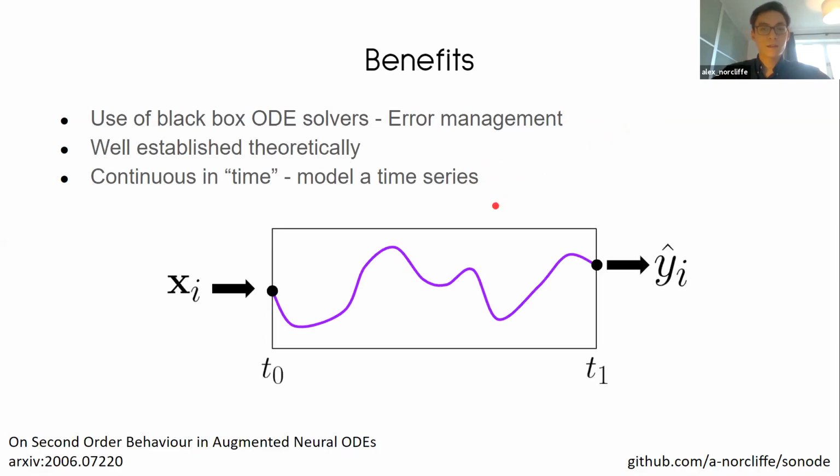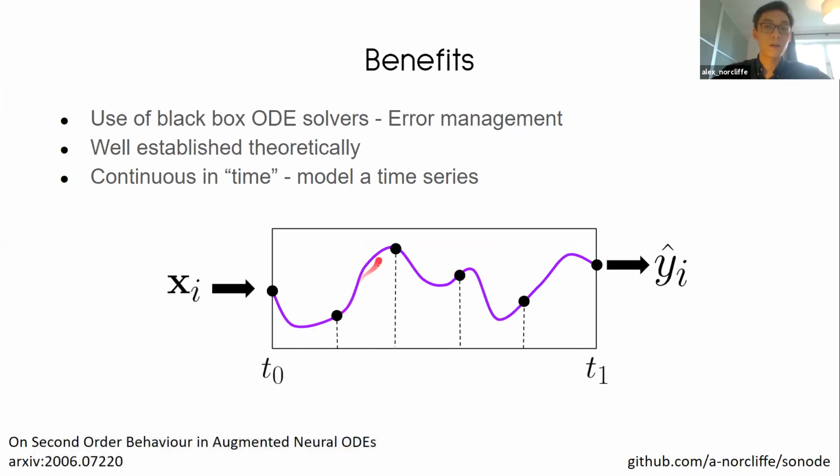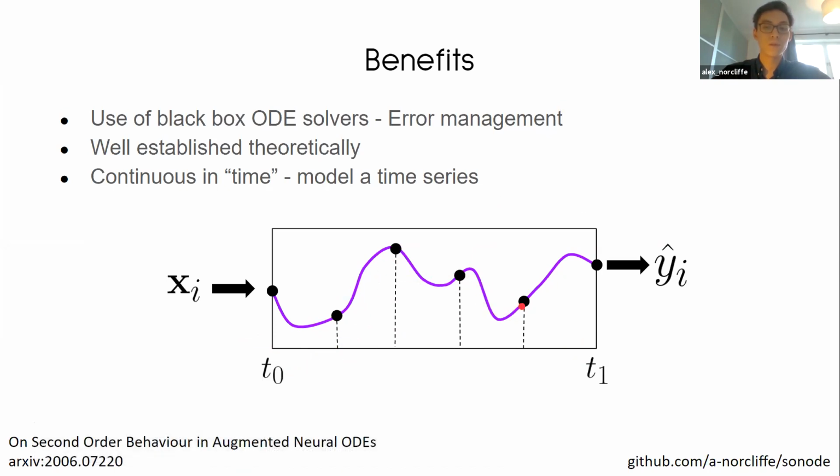If we look at a neural ODE again, we previously used T to represent the network depth, but that didn't have to be the case. Consider where we actually look at this trajectory at these times. We can look at X at T0 and at all the subsequent times.